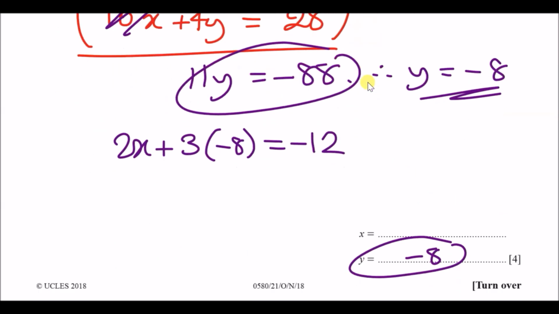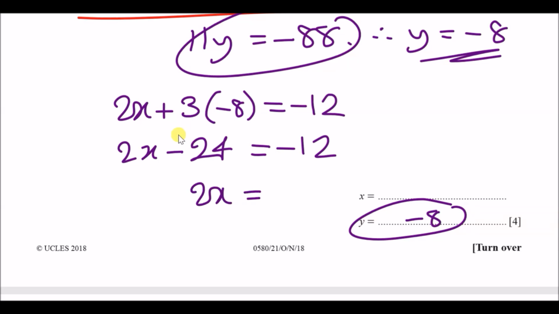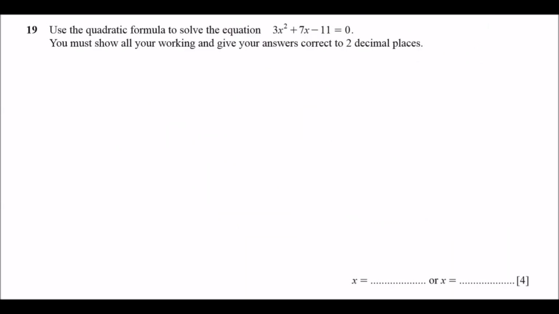And you can probably see that this has become a simple equation now. So timesing 3 with minus 8, you get minus 24, equals minus 12. And then adding 24 across, we're going to get 2x equals minus 12 plus 24, which is plus 12. Halving this, you get 6. So x equals 6.